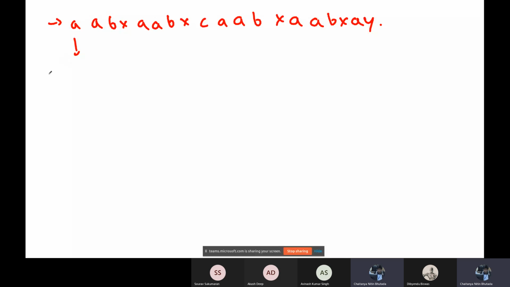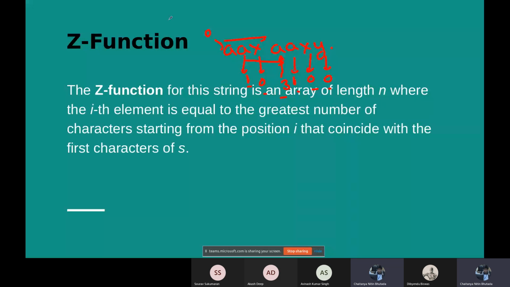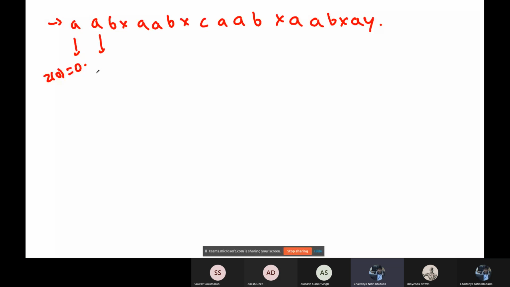The value of z0 is equal to 0 because it is not defined. It will not make sense basically, so we just take it as 0.